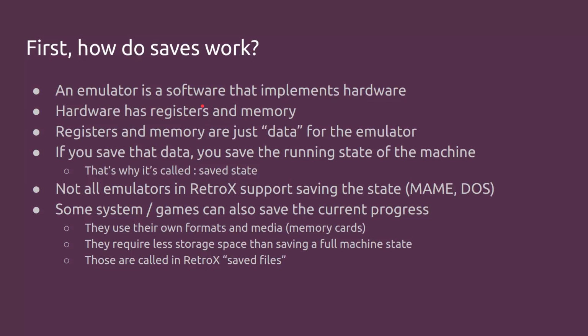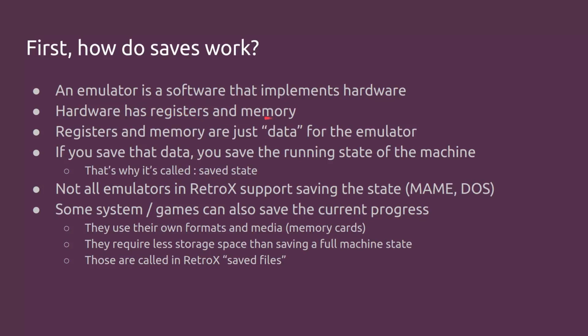So when a game is running, for example, the CPU is running the code and the video processor is showing the game, internally the CPU is handling memory and the video processor is handling its own registers. But for the emulator, this is only data. So what the emulator does is take the memory and the registers and write this data to the storage.